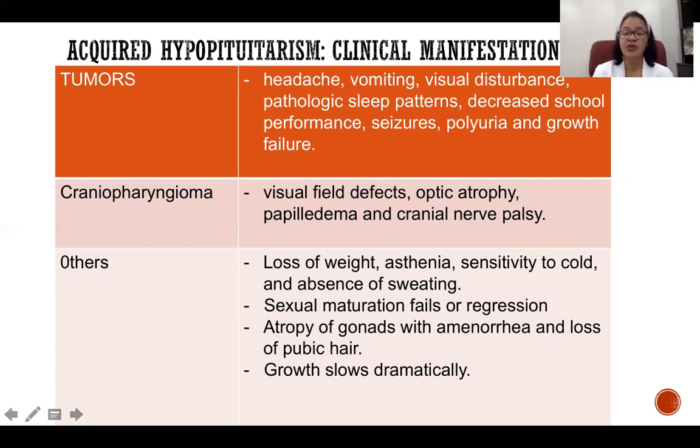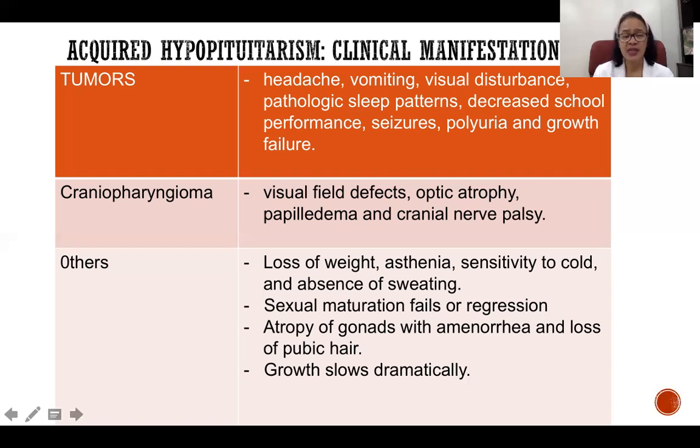Presence of seizures, because of the compression inside the brain, or even presence of polyuria and growth failure. If the patient's cause is a craniopharyngioma, most often the problem is a visual field defect. Okay, there might be optic atrophy, presence of papilledema, or even cranial nerve palsy.